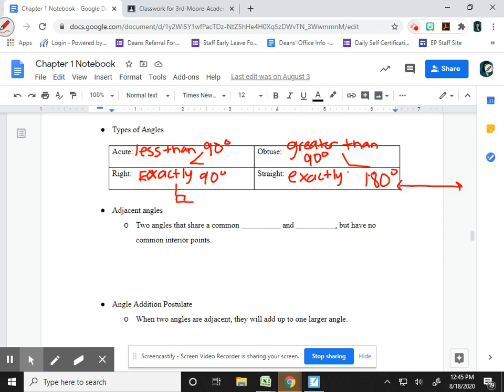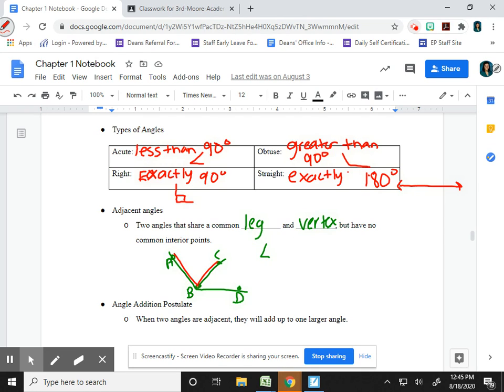Okay, so then let's talk about what adjacent angles mean. Two angles that share a common leg and a vertex, but no inner common points. Okay, so let's take this example. You have A, B, C, and D. I'll do this in different colors so you can see it.